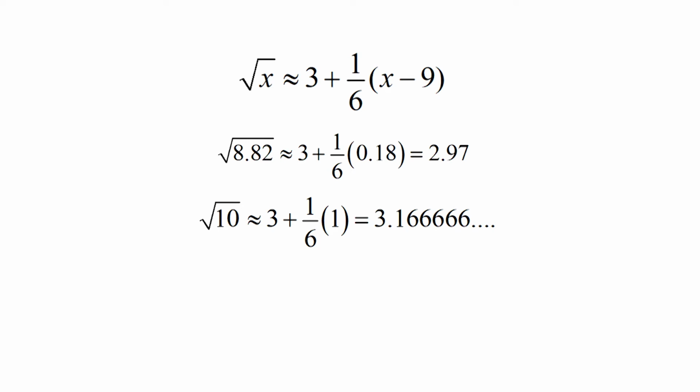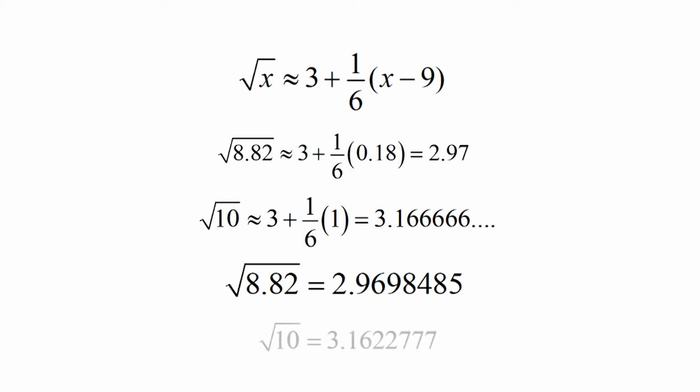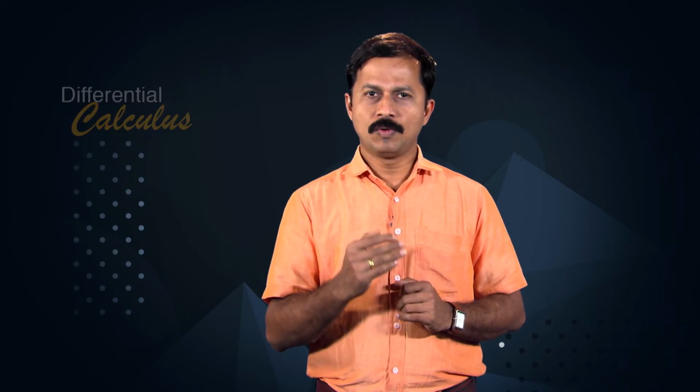Using a calculator, the values can be found to be square root of 8.82 is equal to 2.9698485 and square root of 10 is equal to 3.1622777. Finding absolute value of the errors are left as an exercise.